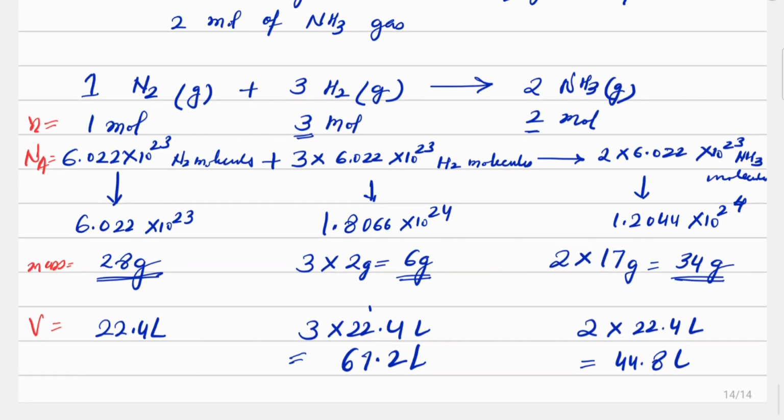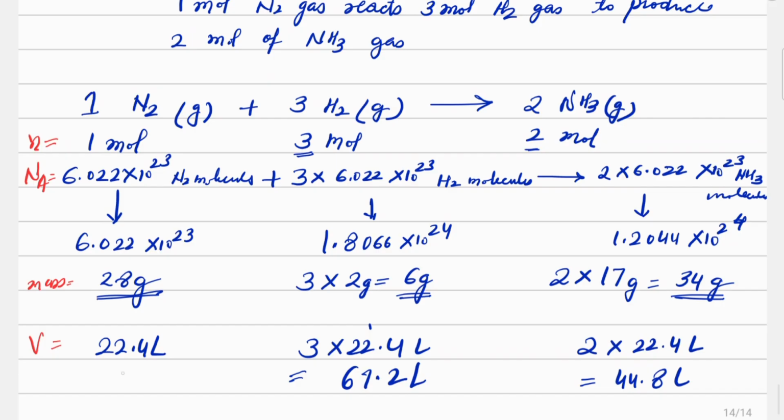So we can say that 22.4 liter nitrogen combines with 67.2 liter hydrogen, and it gives 44.8 liter ammonia.